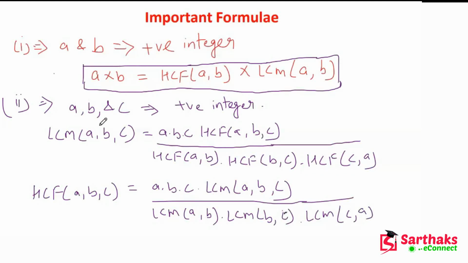So there are these formulas. If we have two numbers A and B, positive integers, the product of the two numbers is always equal to the product of their HCF and LCM.